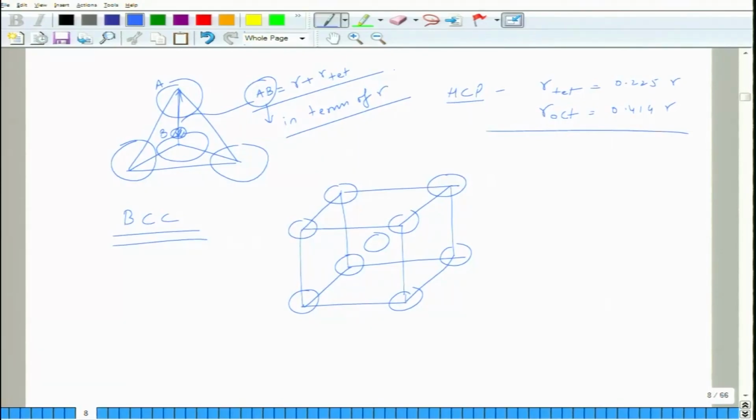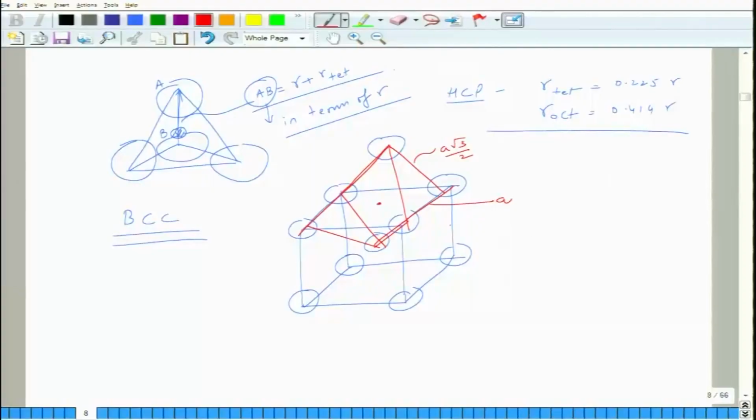For example, these are the octahedral voids in case of BCC. This is the octahedral void, but this is not a regular octahedra because all the sides are not equal. This is A root 3 divided by 2 and this is A. So these kinds of octahedral voids are present in BCC. What is the tetrahedral void?